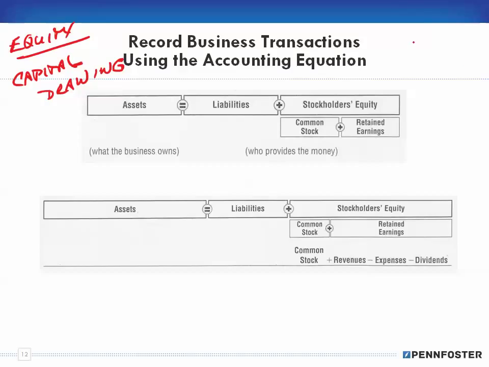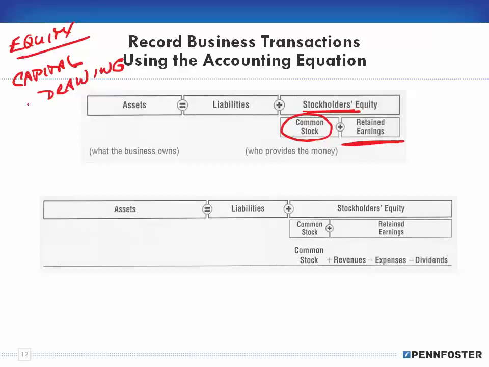If you're incorporating, you're creating common stock, being able to buy shares of stock in that business, and that's why it's called stockholders' equity. Common stock is created, but we also have an additional account called retained earnings, which I alluded to in the previous video.